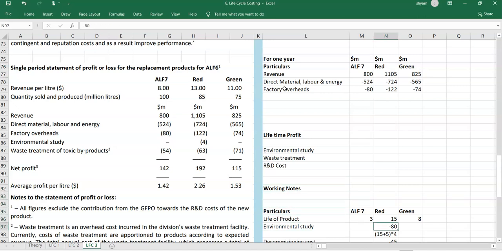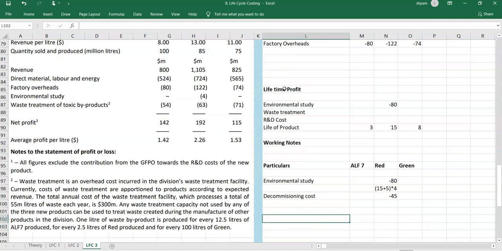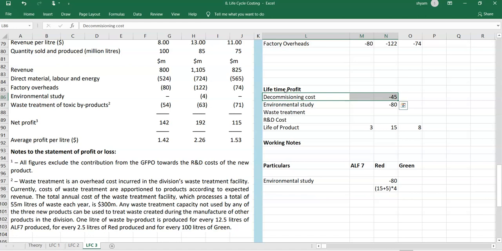So the environmental study information we can put, that's 80. And the life of the product, that also we can take into account. And decommissioning cost is a cost. That also we'll put.